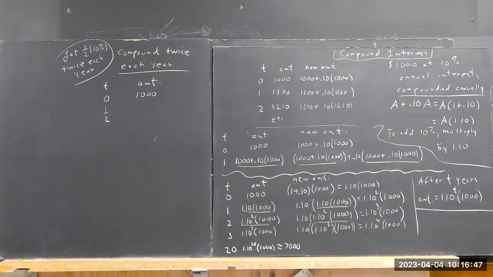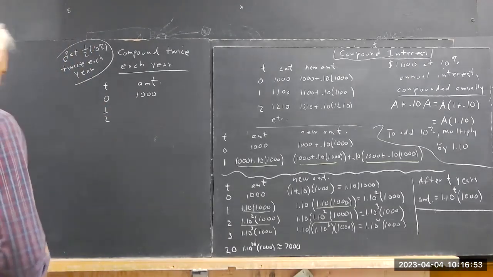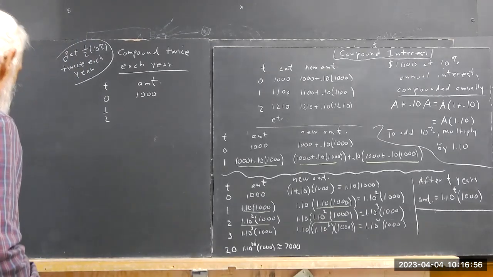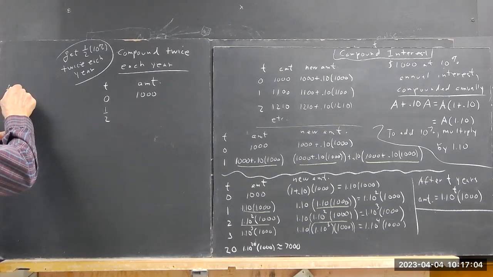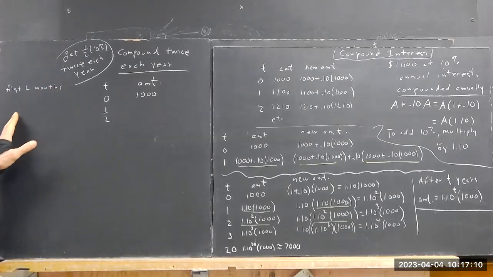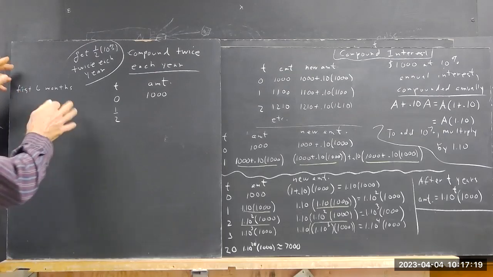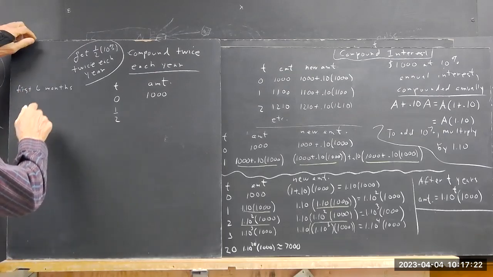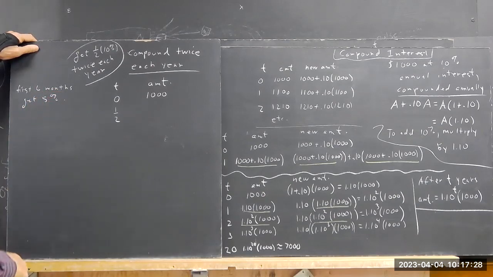Okay, so T is 1/2. That's half the year. What's our amount going to be? Well, let's work it out to the side here, just so we are sure what we're doing. First 6 months, we get 5%.